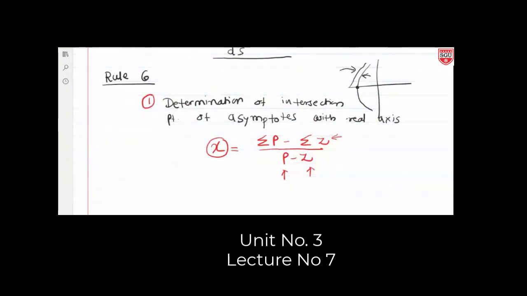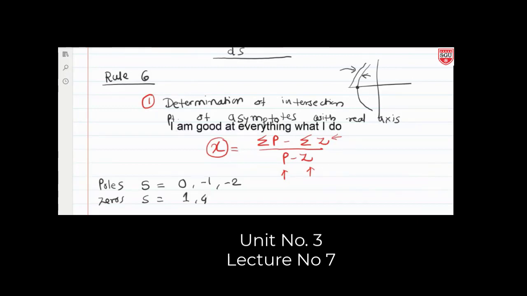For example, we will see a simple example so that the idea will be a little bit clear. Suppose in one example I found poles as 0, -1, -2, and zeros as -1 and -4.